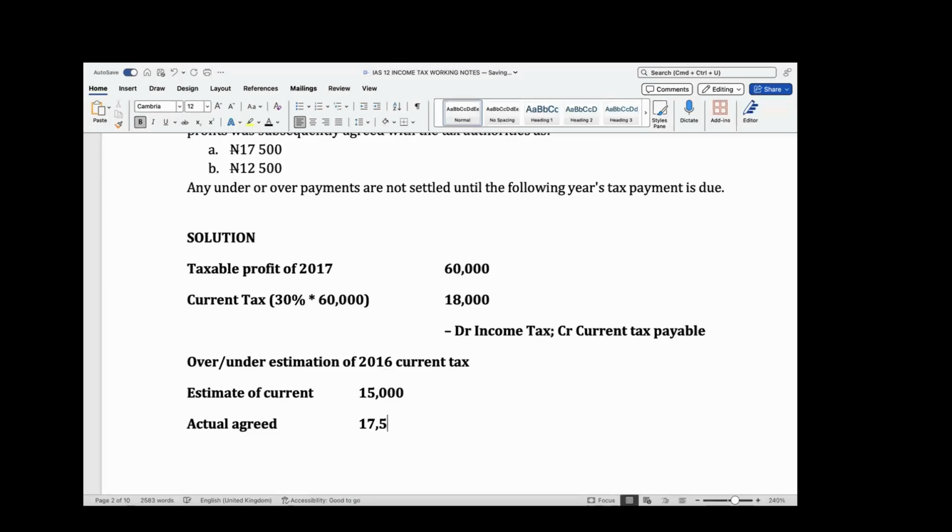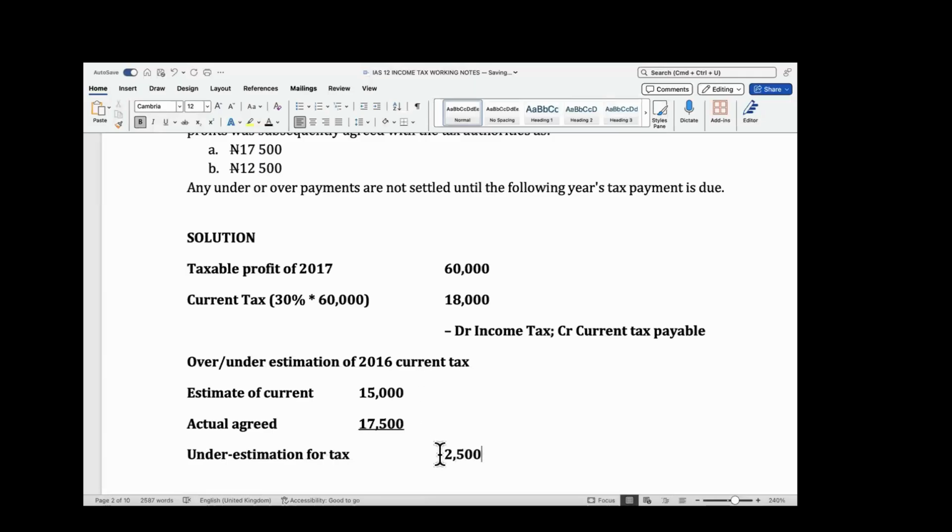17.5. In this case, if it is 17.5, it means that you had underestimated for tax because the tax authorities say your tax is 17.5, but what you estimated for was actually 15,000. So what's happening here is that you had underestimated for tax to the tune of 2,500.